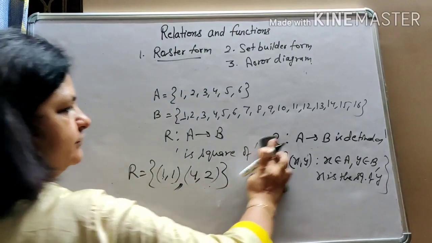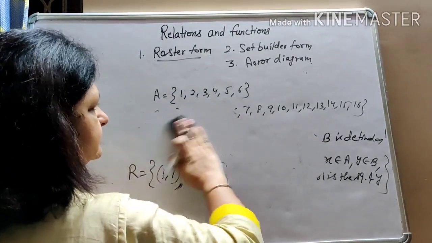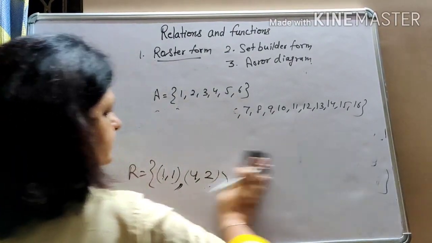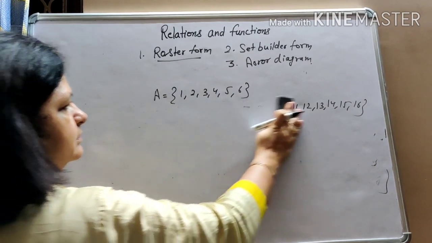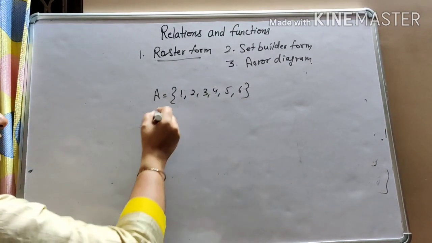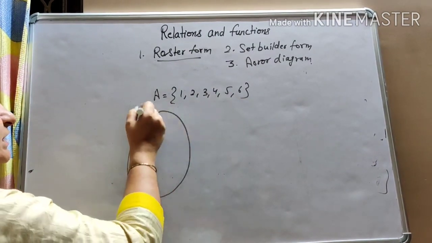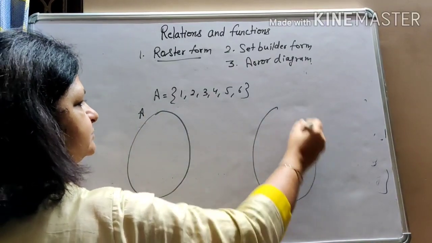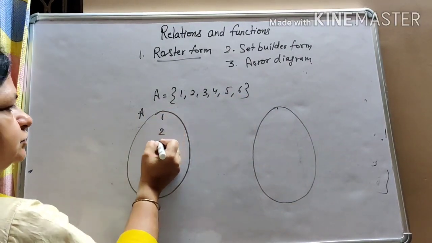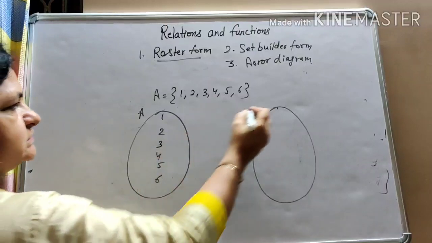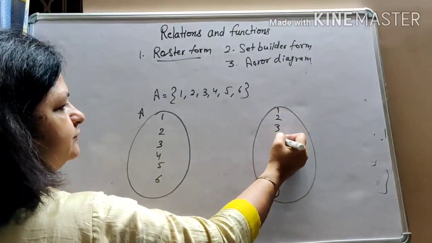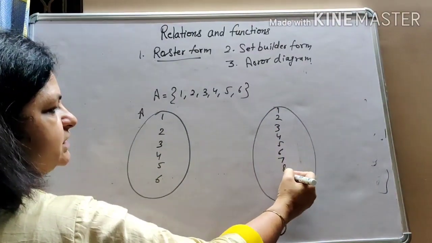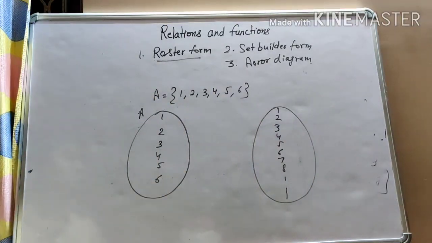And if I am representing this is set A, this is set B. 1, 2, 3, 4, 5, 6. Here we have 1, 2, 3, 4, 5, 6, 7, 8 up to 16.